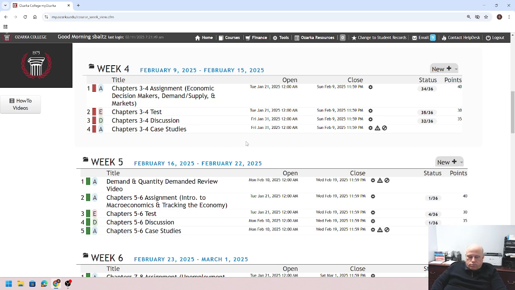And then you'll also learn more about the circular flow model. We introduced that in the first 4 chapters. But in this particular chapter, we're going to go into more detail and talk about that circular flow of resources and goods and services and the various economic groups that are part of that circular flow model of economics.